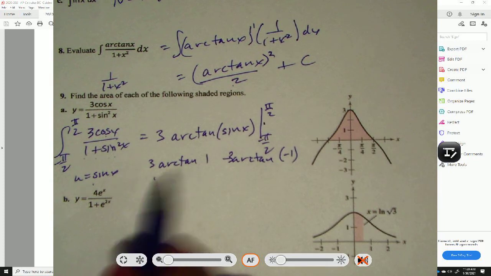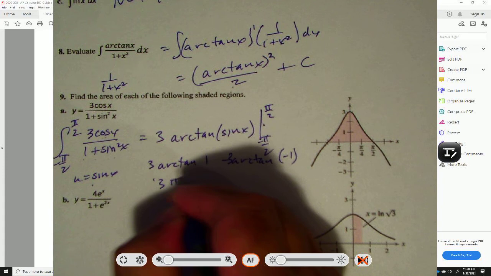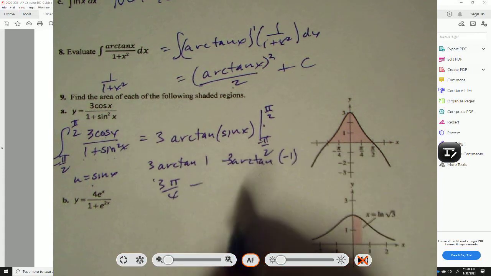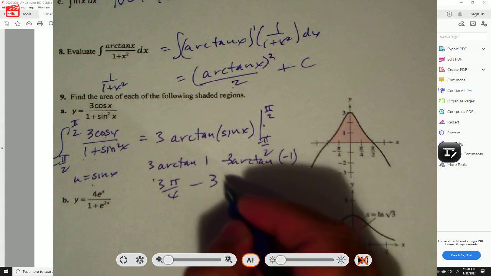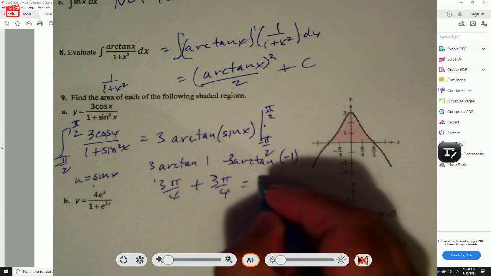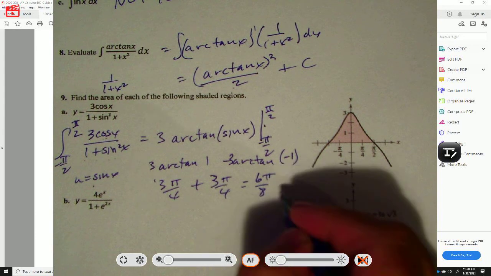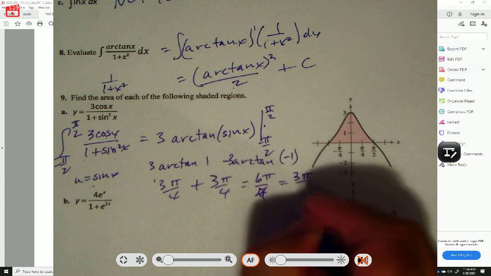Arctan of 1 is pi over 4, so it's 3 pi over 4 minus arctan of negative 1, which is negative pi over 4, so that turns into positive 3 pi over 4. So that equals 6 pi over 8. I'm sorry, 6 pi over 4, which is the same thing as 3 pi over 2.